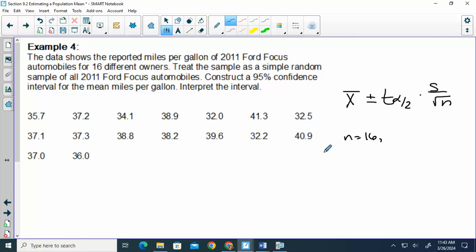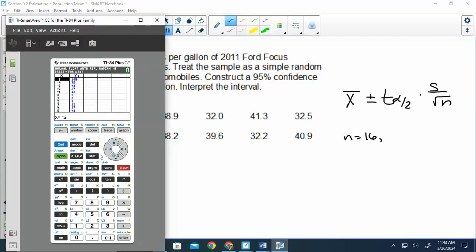Do you guys remember how we can get the calculator to give us those values? Stat, edit, and we're going to put all of our data in L1.